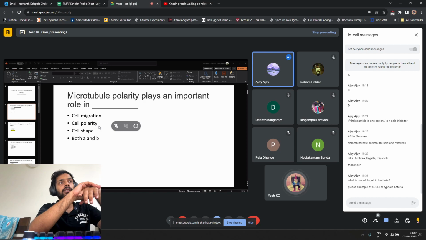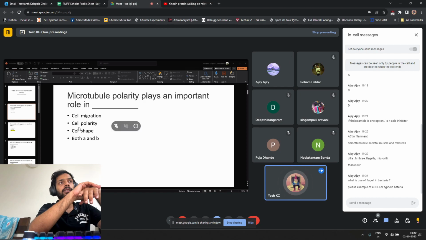Not intercellular, so cell migration as in the cell moving from point A to point B. The cell needs to have a sense of direction, right? If the cell has to move from point A to point B, it needs to have a sense of the direction in which it's going. So there the microtubule polarity comes into the picture and will help in the movement of the cell.